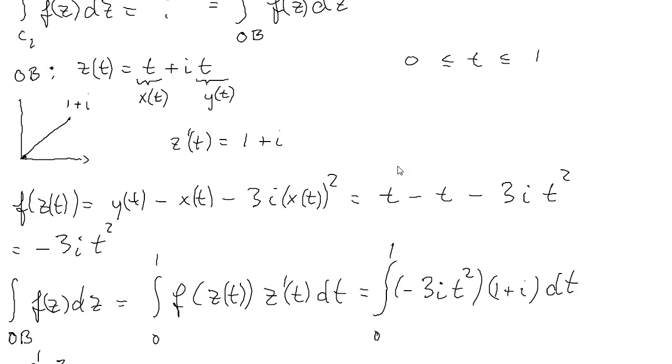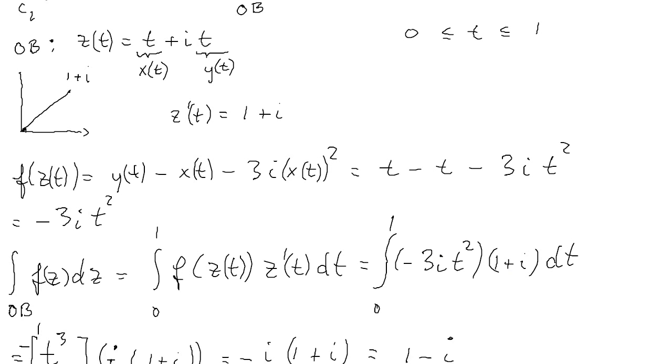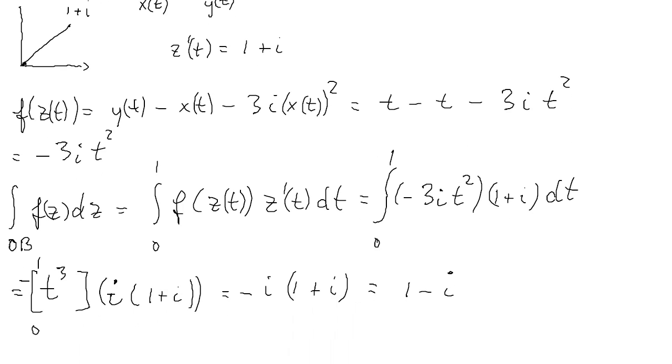So using this expression and the derivative of z of t, we can find the integral from O to B over this function f of z, using the definition of this integral again and substituting these values into this general expression. We obtain this integral, which also is easy to compute.